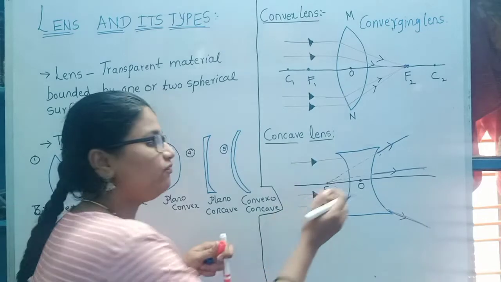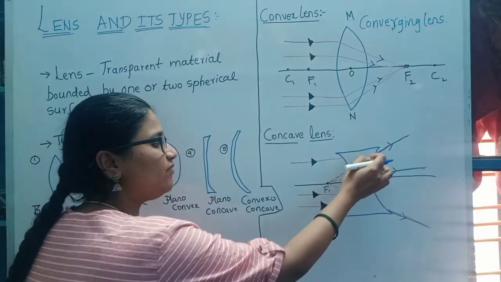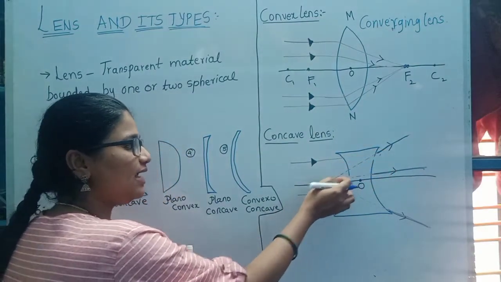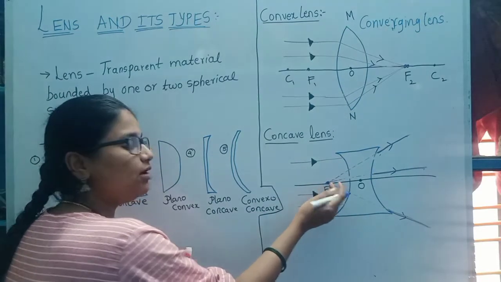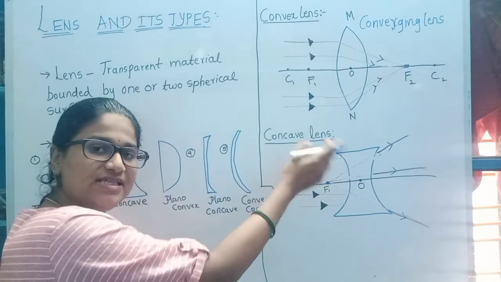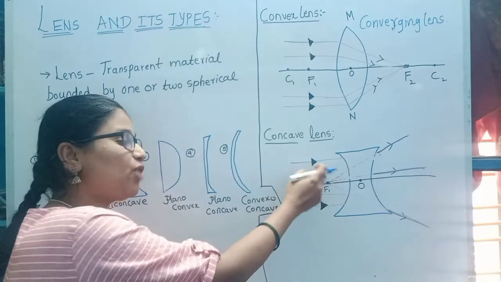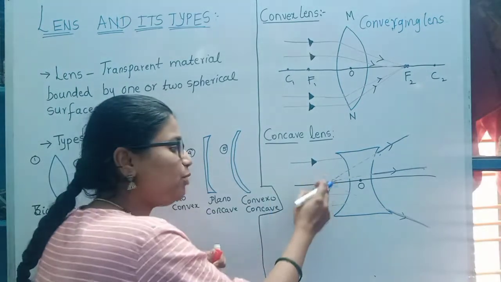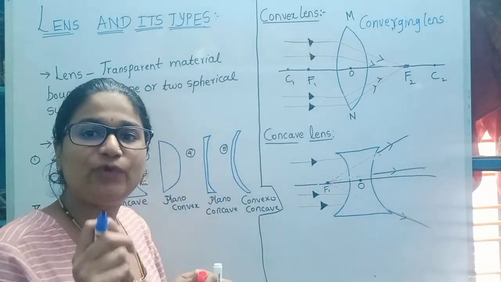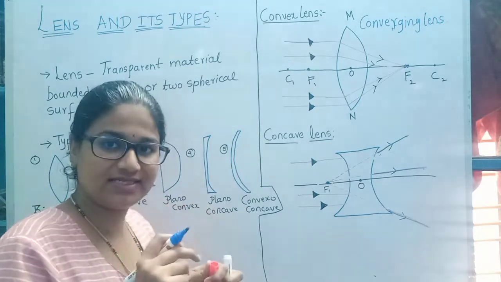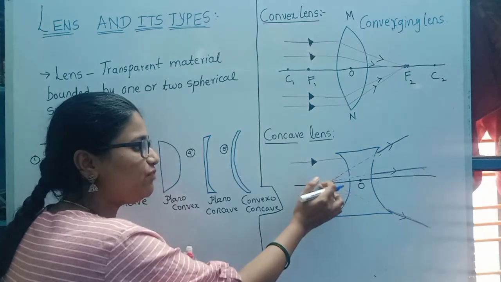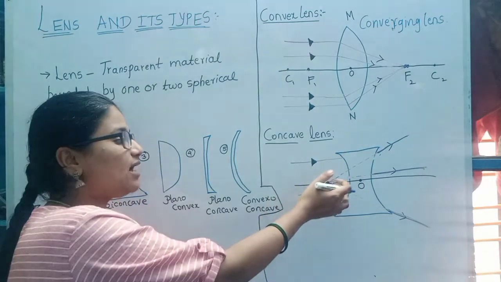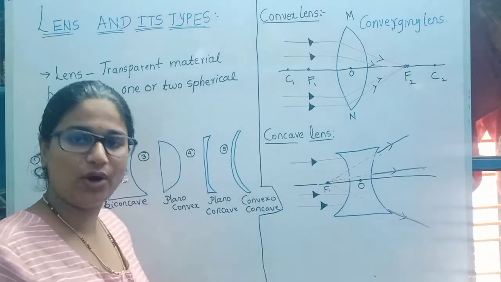Now when we draw an imaginary line through these diverged rays, all these rays appear to come from a point. That point is called the principal focus of a concave lens. So the principal focus of a concave lens is formed when the diverged rays appear to meet at a point.